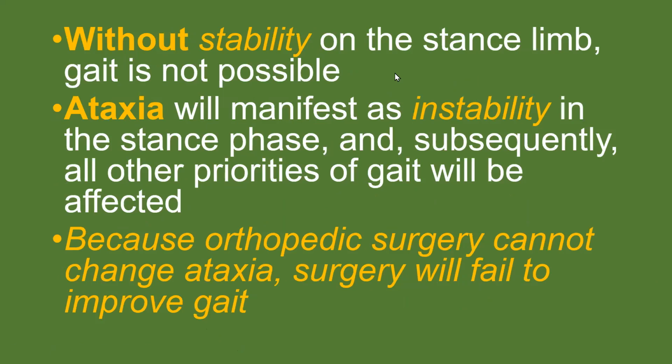Without stability on the stance limb, gait is not possible. Ataxia will manifest as instability in the stance phase, and subsequently all other priorities of gait will be affected. Because orthopedic surgery cannot change ataxia, surgery will fail to improve gait.